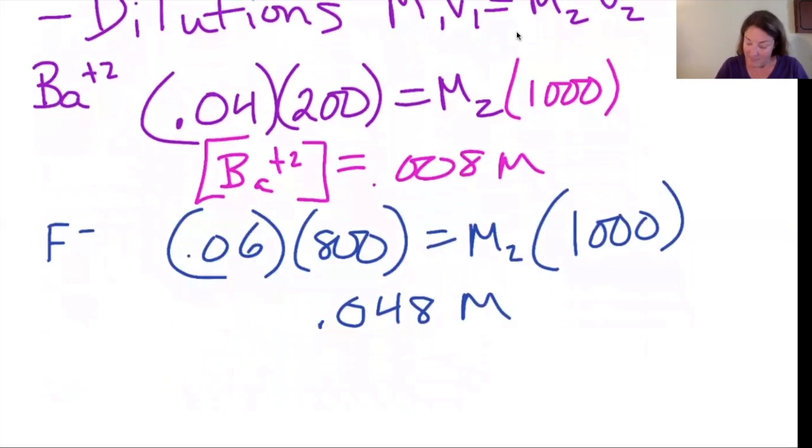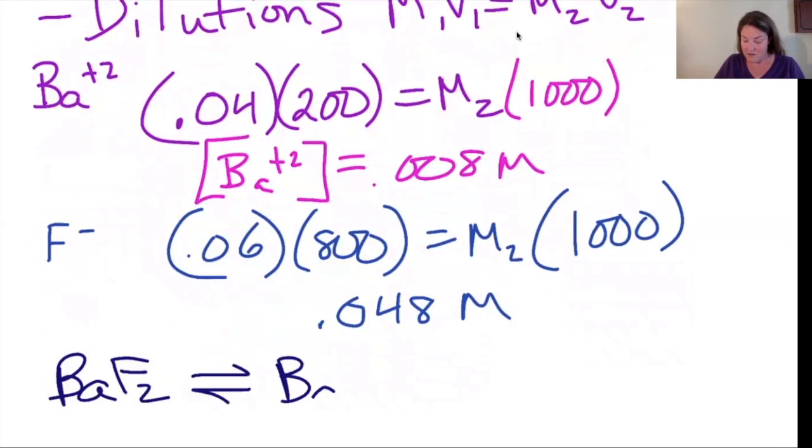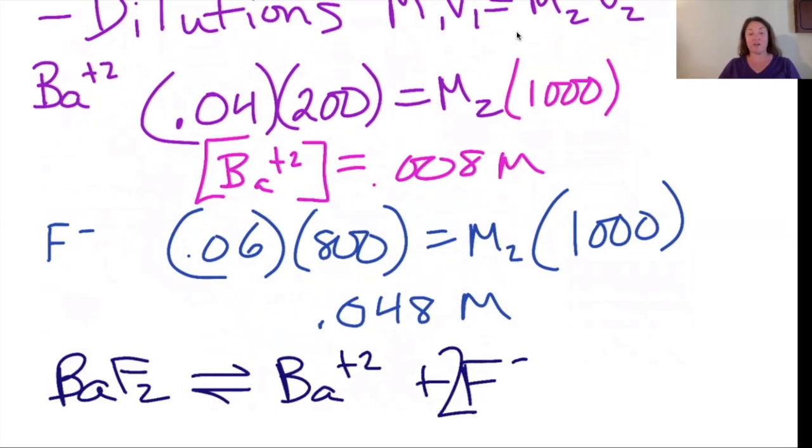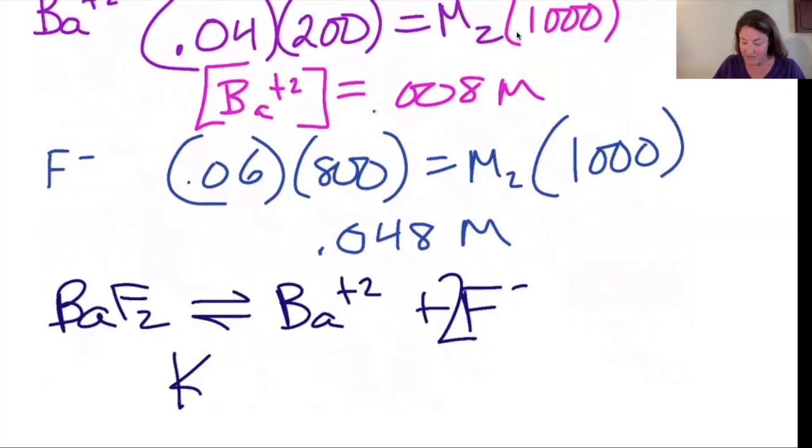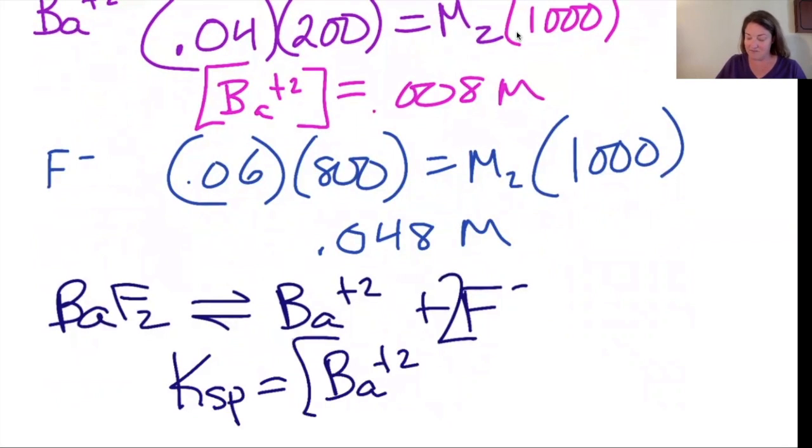All right, the compound that we're interested in is barium fluoride, which is BaF2. I need to write a KSP expression, and after I've written a KSP expression, then I'm going to plug in the ion concentrations to calculate Q. My KSP expression will be the barium times fluoride squared.